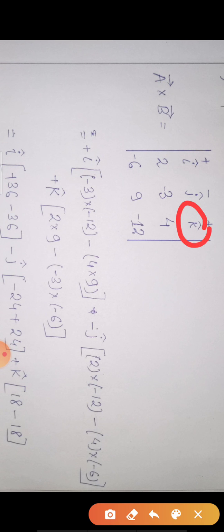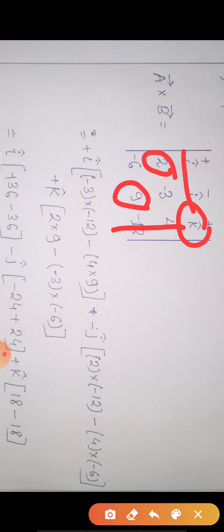Plus k hat into, remove all the terms in the k hat row and k hat column: top left 2 into bottom right 9, minus top right minus 3 into bottom left minus 6.